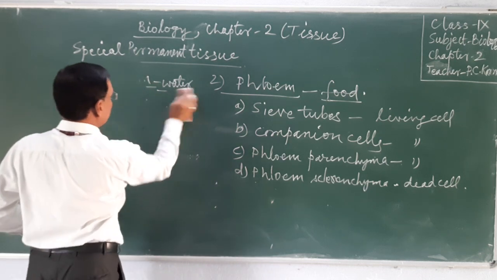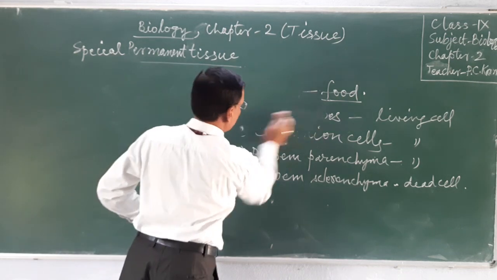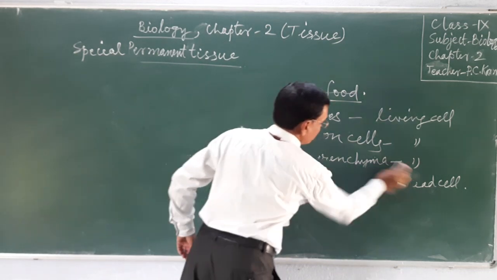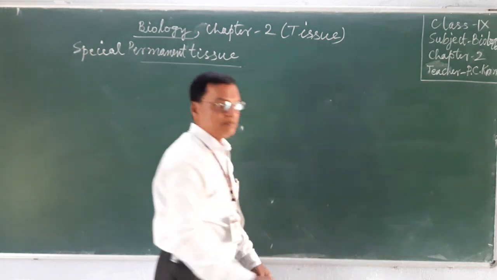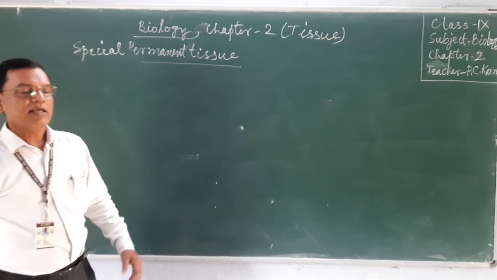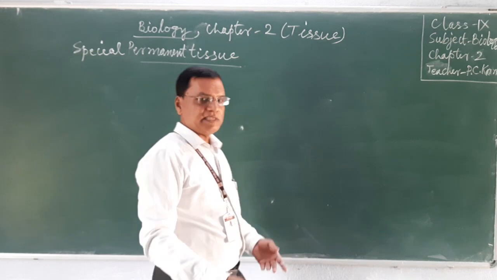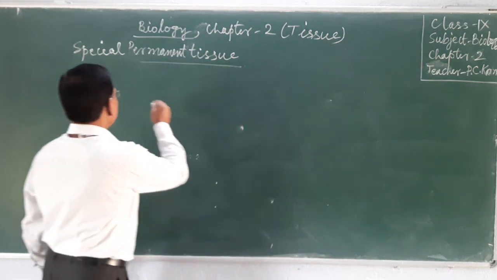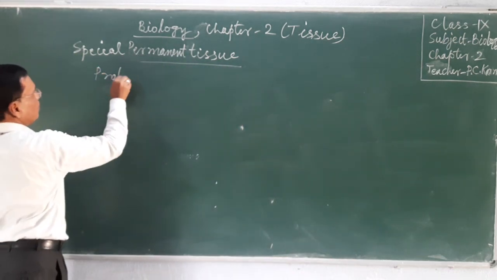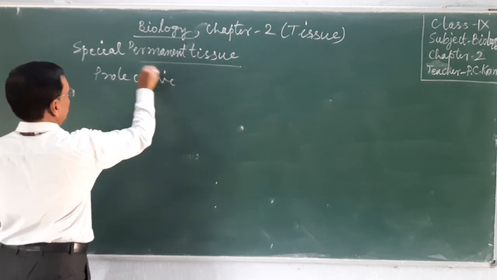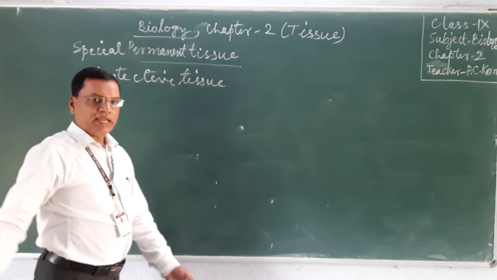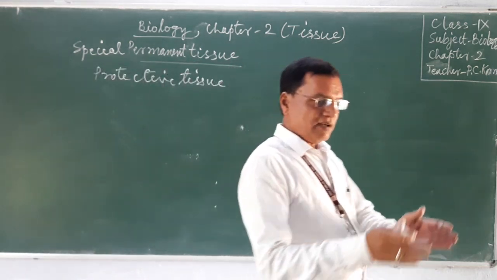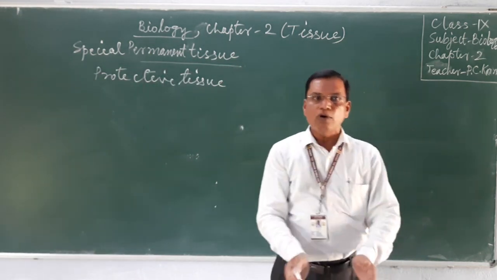As the name suggests, this special permanent tissue performs some special functions. What is the special function? Maybe protective tissue. This protective tissue protects the plants from outside.